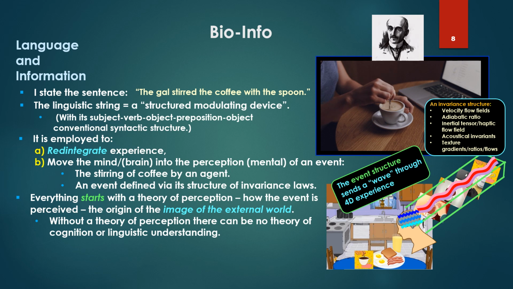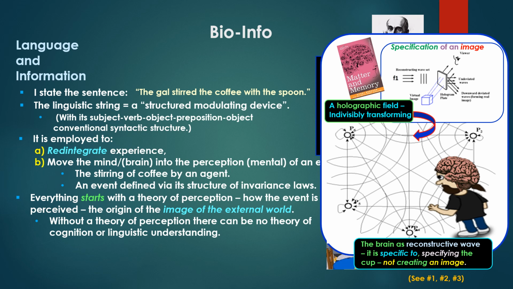Everything starts then with the theory of perception, how the event is perceived, the origin of the image of the external world, how the event is perceived in the first place. And then I'd bring up again the standard Bergsonian model we've discussed many, many times in Matter and Memory.